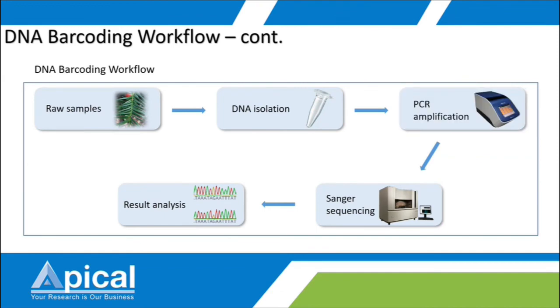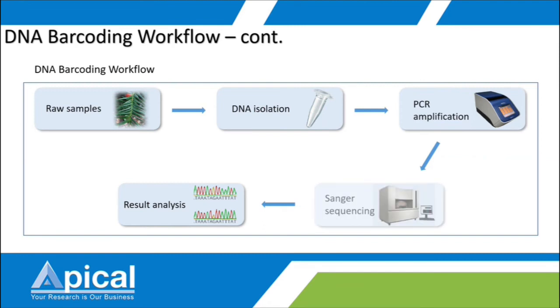For example, for 16S, the well-known universal primers are 27F and 1492R, and for ITS, ITS 1 and 4. It's just a simple endpoint PCR. After PCR, you need to check your PCR product on a gel and make sure it is a single band before you send it for sequencing.